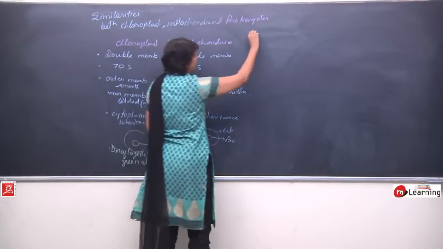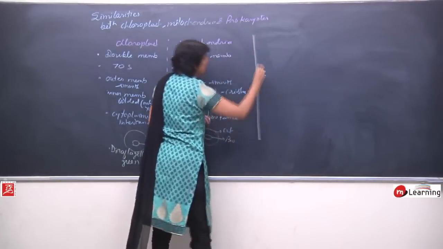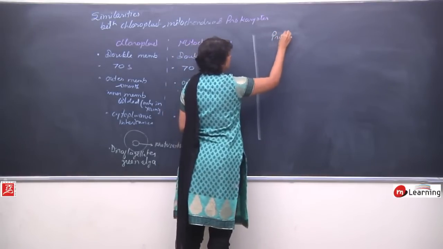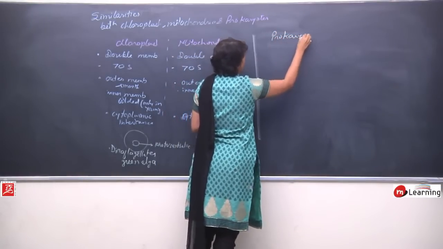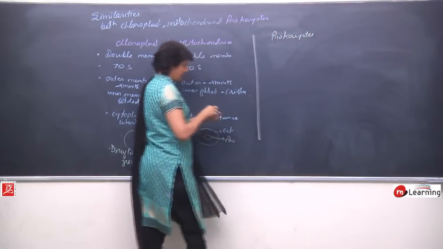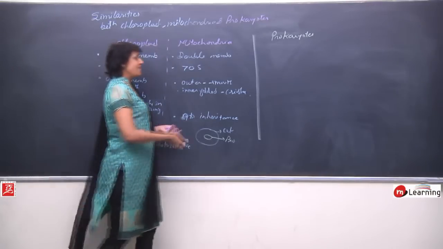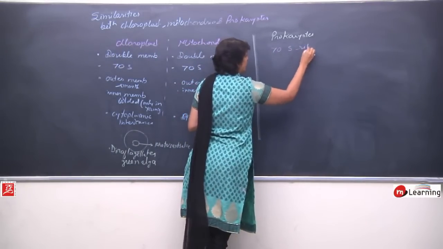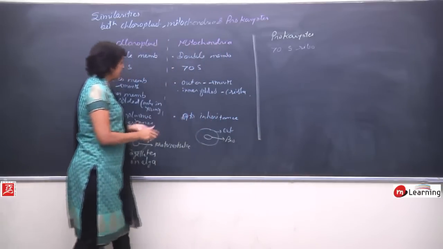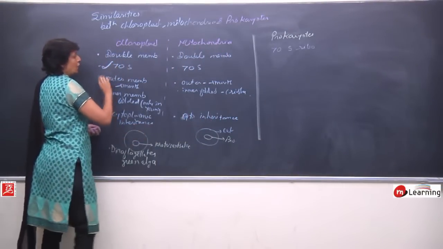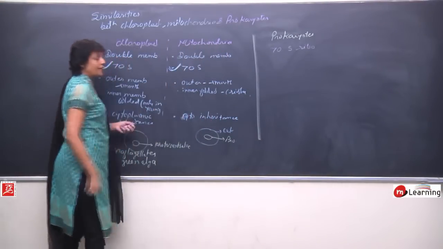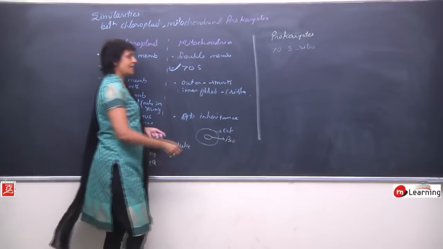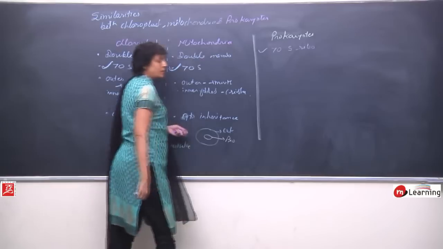Now if we compare this with prokaryotes, 70S ribosomes are the characteristic feature of chloroplast and mitochondria as well as prokaryotes.